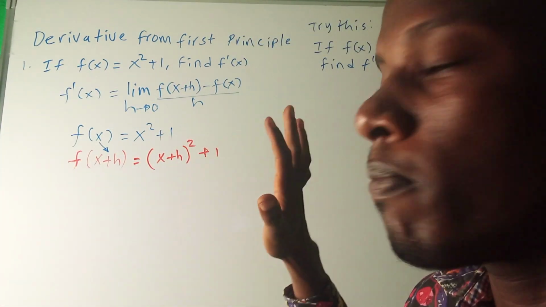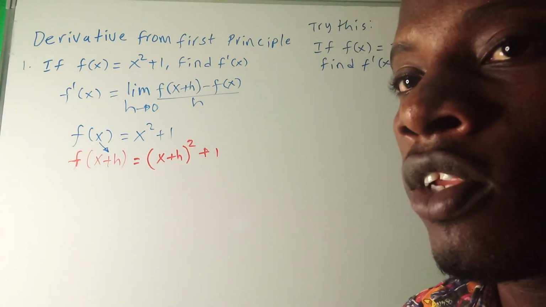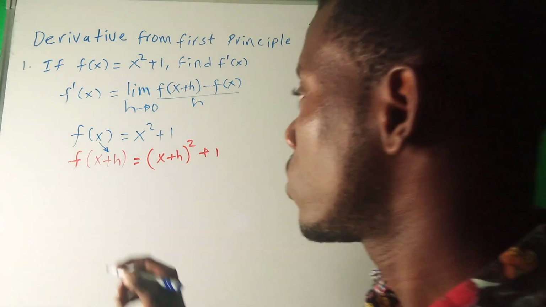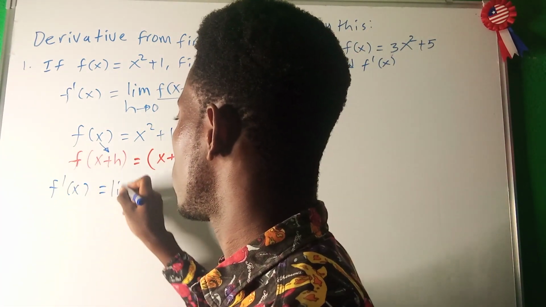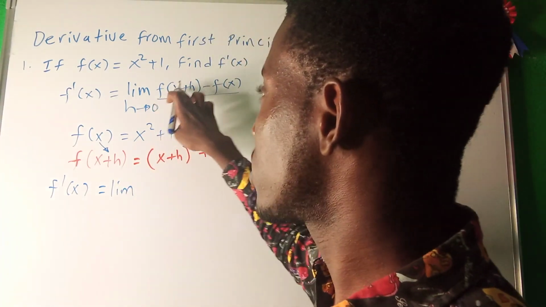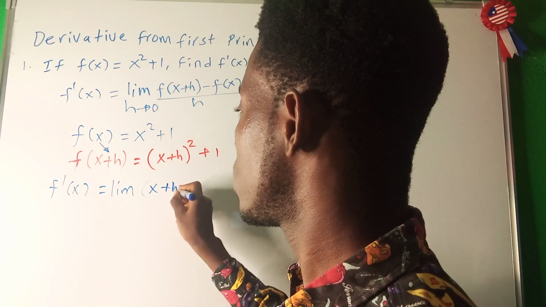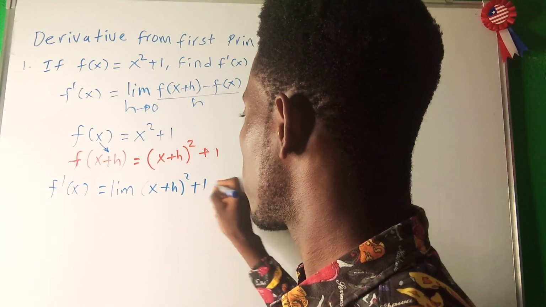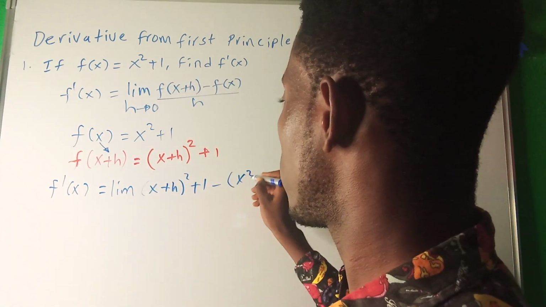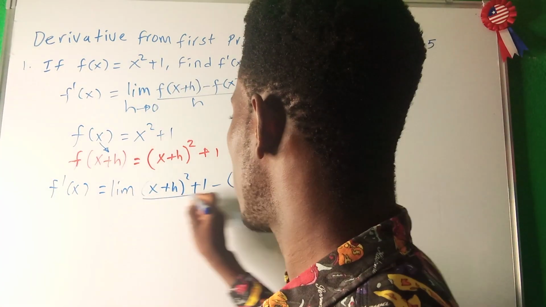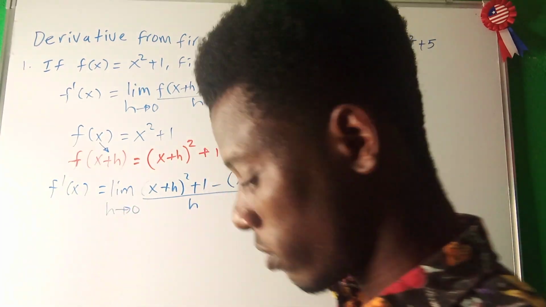We're just going to plug this into the formula for the definition of the derivative, and we simplify the result. So f prime of x is equal to the limit of f of x plus h, which is x plus h all squared plus 1, minus f of x, which is x squared plus 1, all divided by h, as h approaches 0.